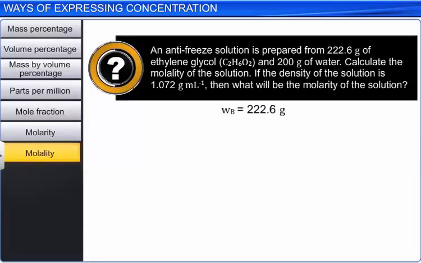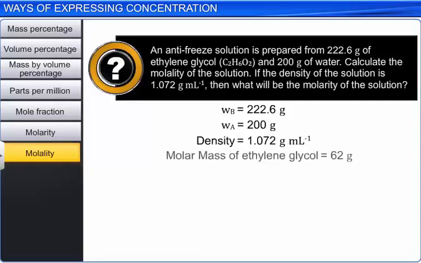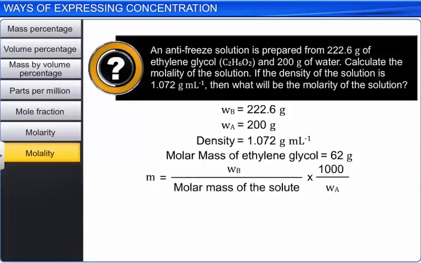Wa is equal to 200 grams. And the density of the solution is 1.072 grams per milliliter. The molar mass of ethylene glycol is 62 grams per mole. Substituting these values in the formula for molality, we get m is equal to 222.6 divided by 62 multiplied by 1000 by 200. On solving, we get m is equal to 17.95 moles per kg.